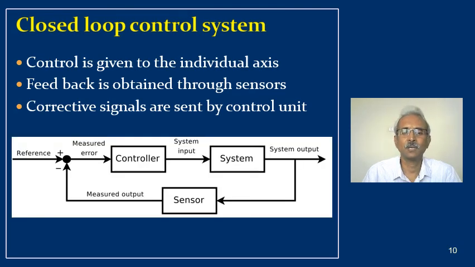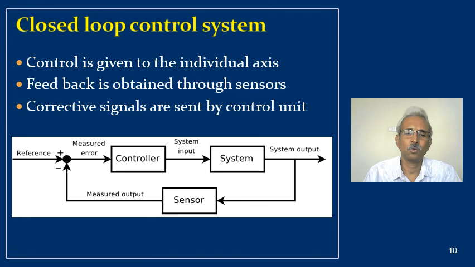So this is a simple schematic sketch of the closed loop control system. There is a reference, and this is the controller which gives the input to the system, and there is an output, and this output is measured through a sensor. Now what happens?